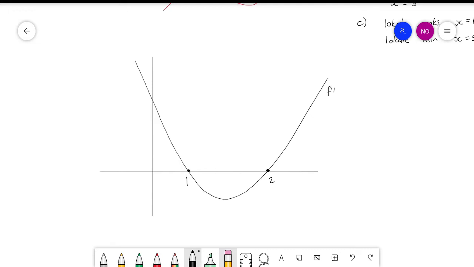Met ander woorde, dit gaan wees by x gelyk aan 1 en by x gelyk aan 2. Because that is where the graph of my first derivative is equal to 0.